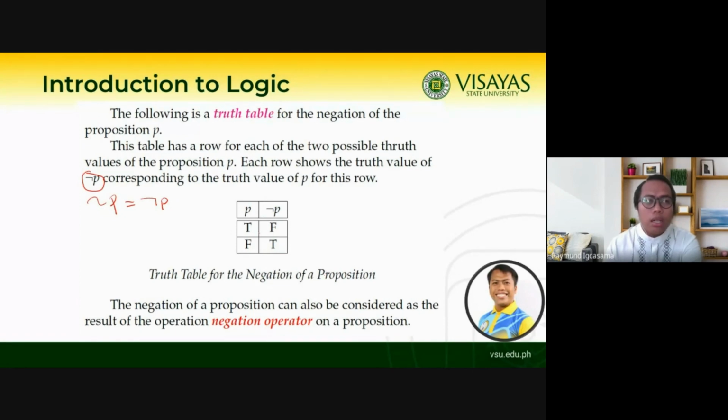And be reminded as well that if a proposition is true, then its negation is always false. It cannot be that the proposition's original value is true, and then when you negate it, it is still true, because there should only be one truth value for a statement or a proposition. For example, the capital of the Philippines is Manila.